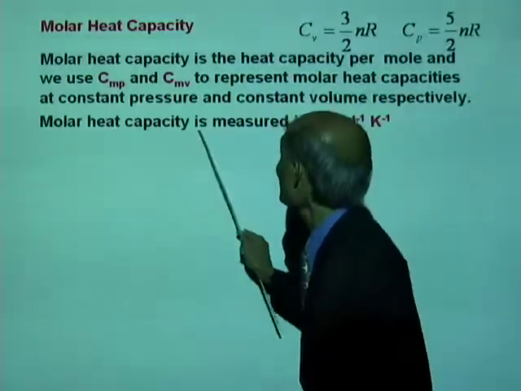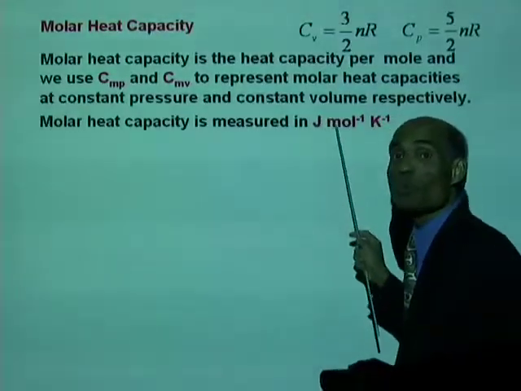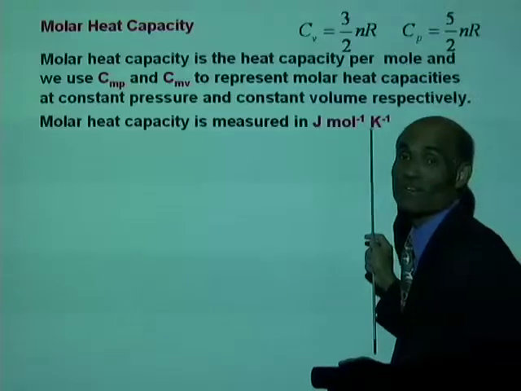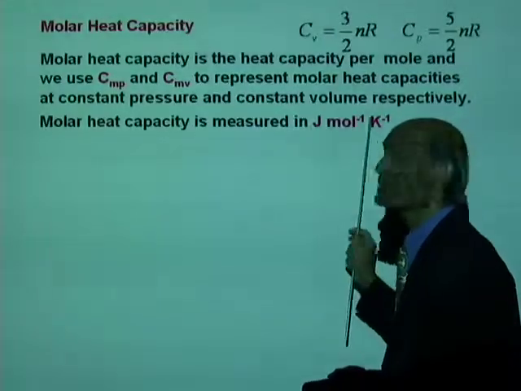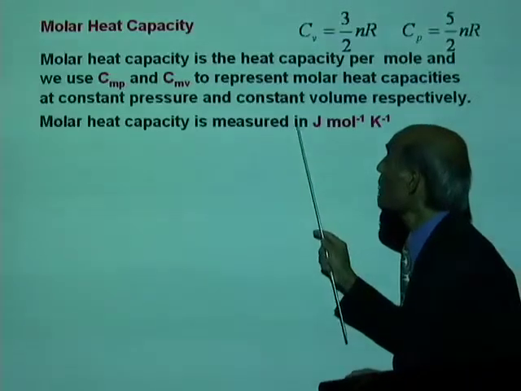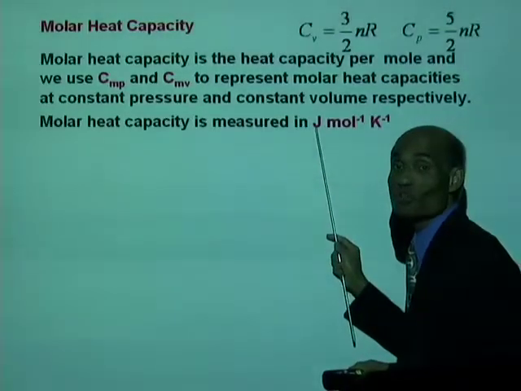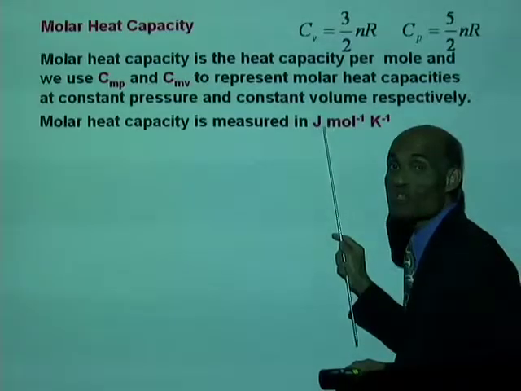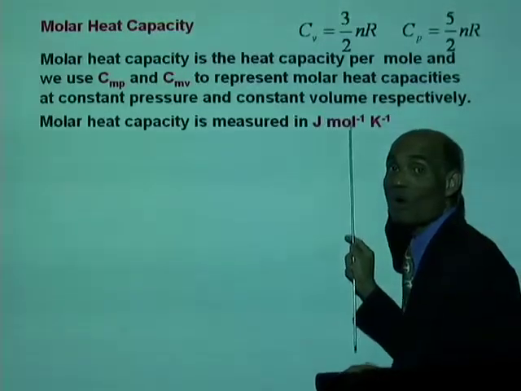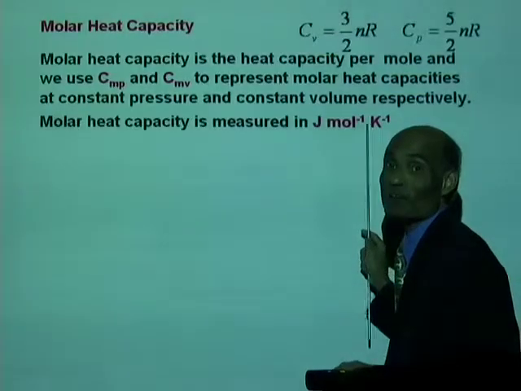Now, molar heat capacity is measured in joules per mole per Kelvin. Once you know the unit, you know the definition. Molar heat capacity is the amount of heat in joules needed to raise the temperature of 1 mole of a gas by 1 Kelvin.